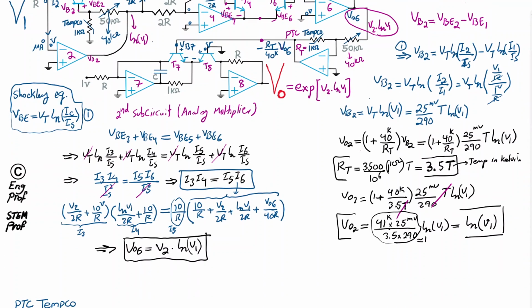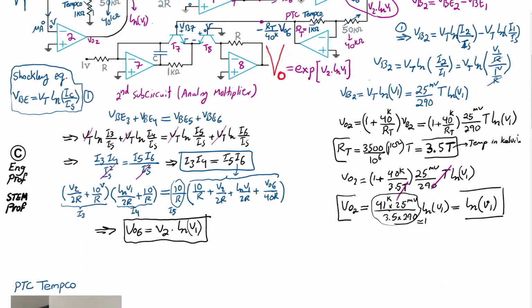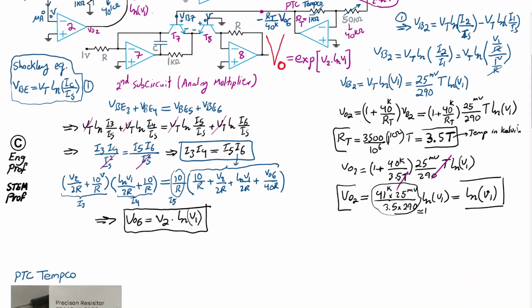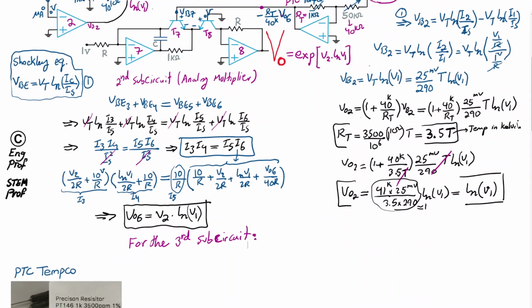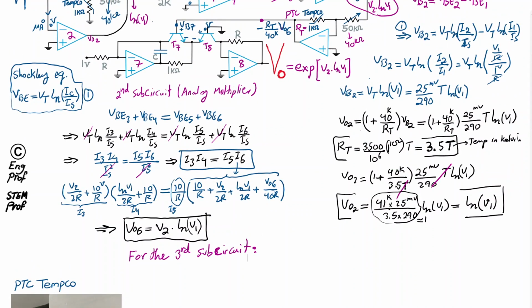So what I can say is, for this third subcircuit, let me just move down. For the third subcircuit, I can write effectively, as you can see, let me just make sure you can see it. Yes.